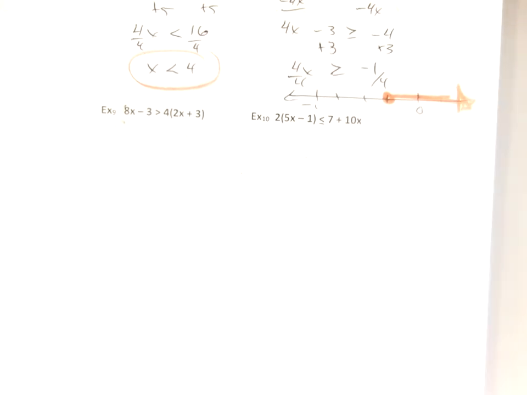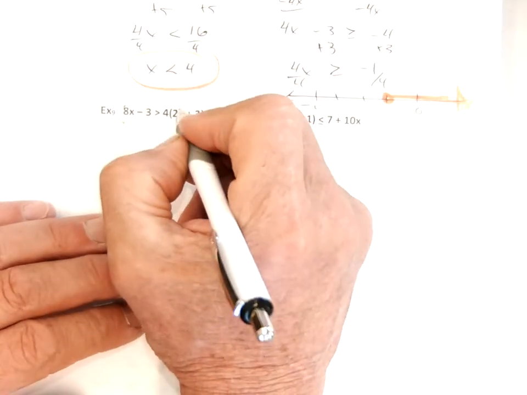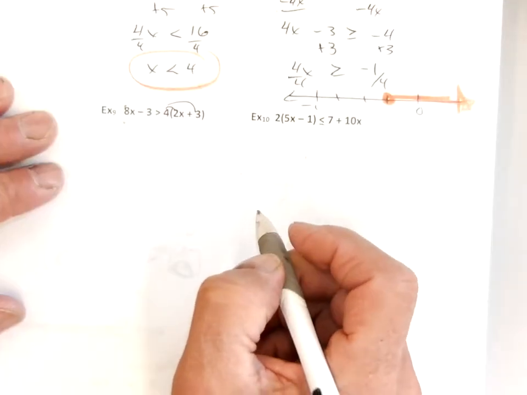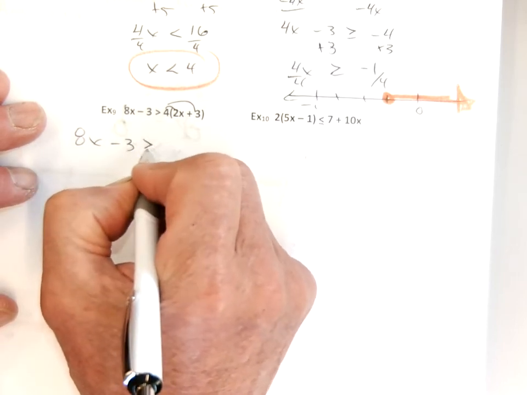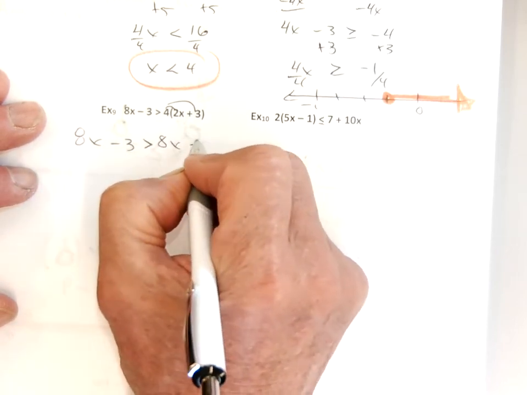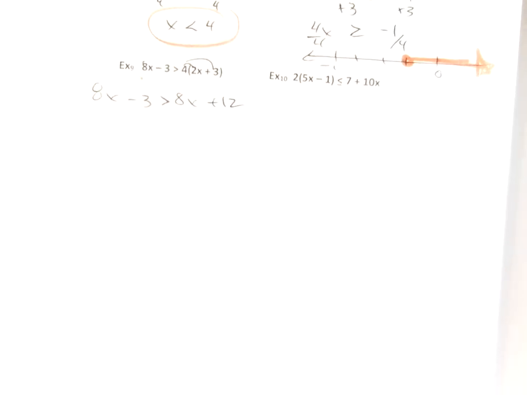All right, example 9. All right, let's distribute first. 8x minus 3 is greater than 8x plus 12. Okay? Oh, it's a trick question. But not for you guys.